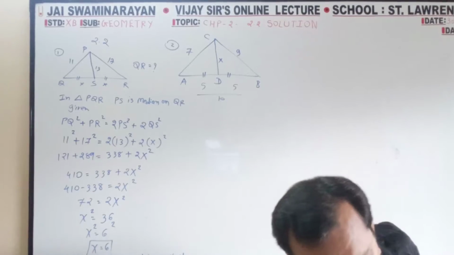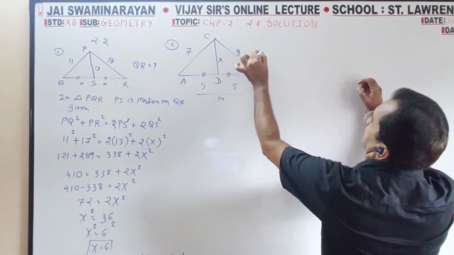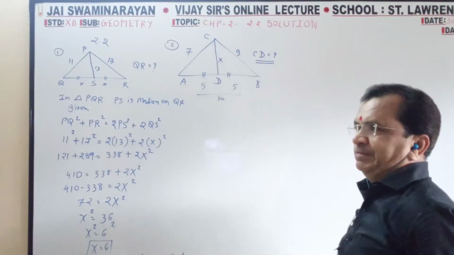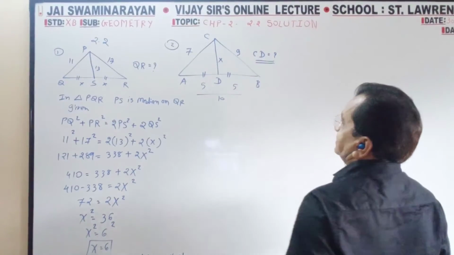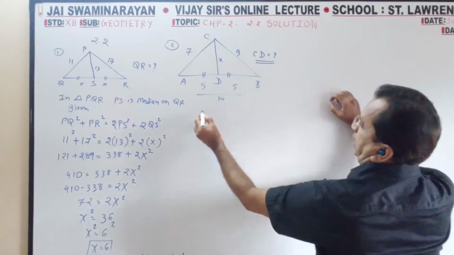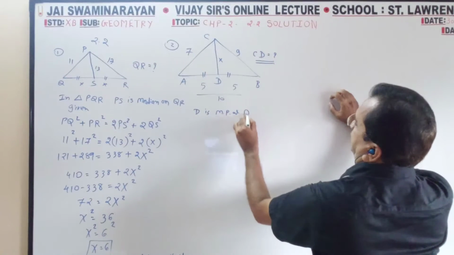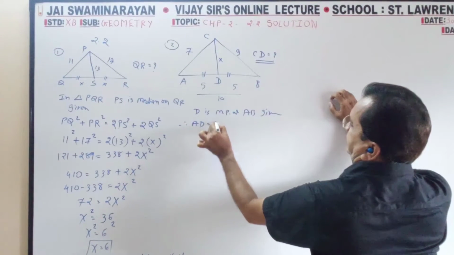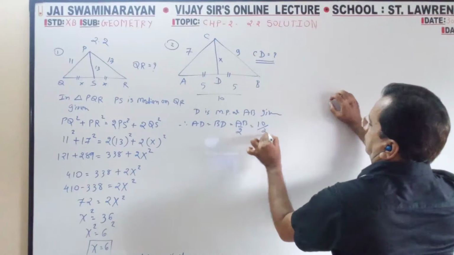We have to find out C. Now D is the midpoint of AB, given. Therefore AD is equal to BD is equal to AB by 2. It is 10 by 2. It is 5.